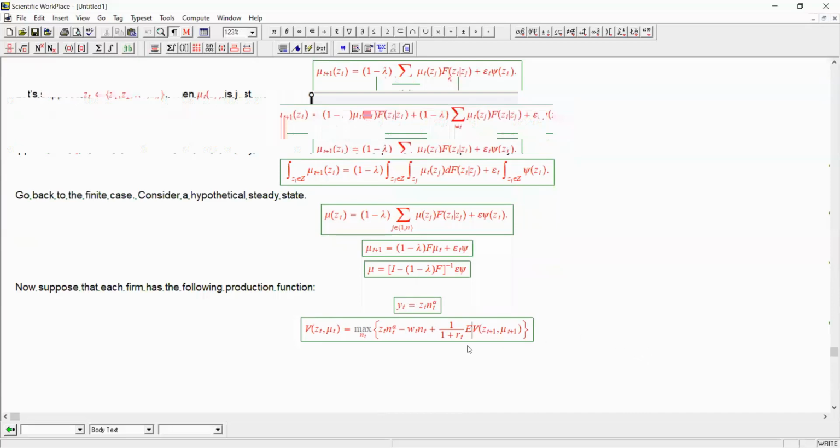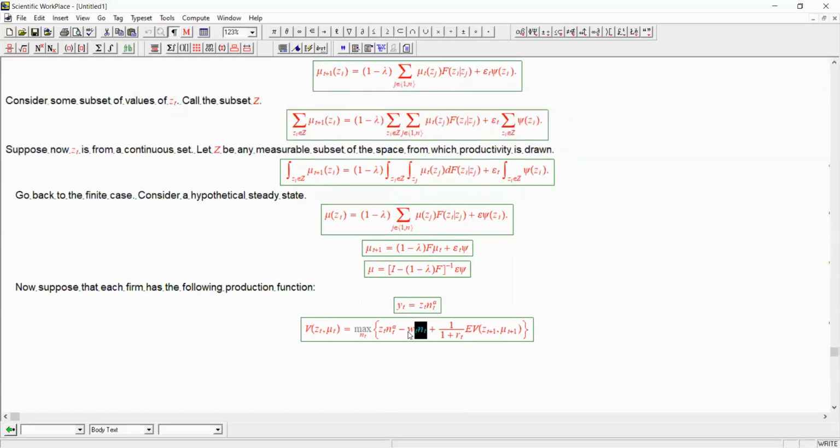And that's it. That's their life. Notice that N is not a dynamic decision, at least not here, so we can actually solve out that part of the firm's life very easily.